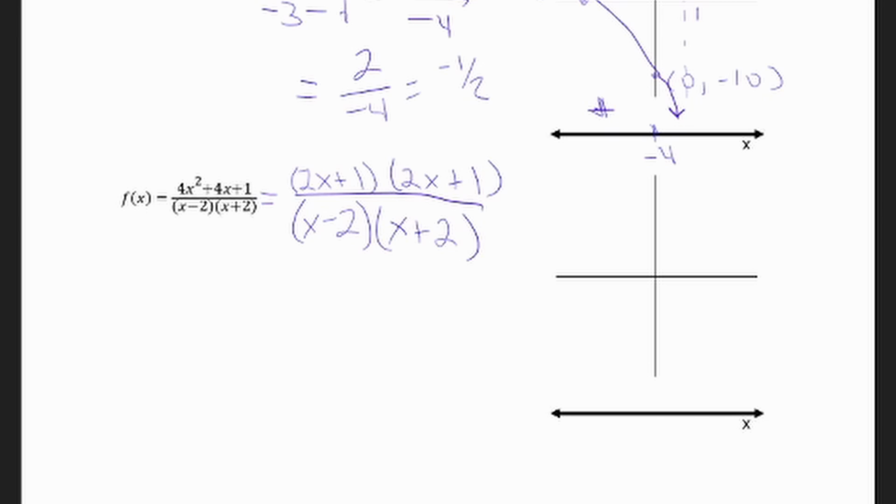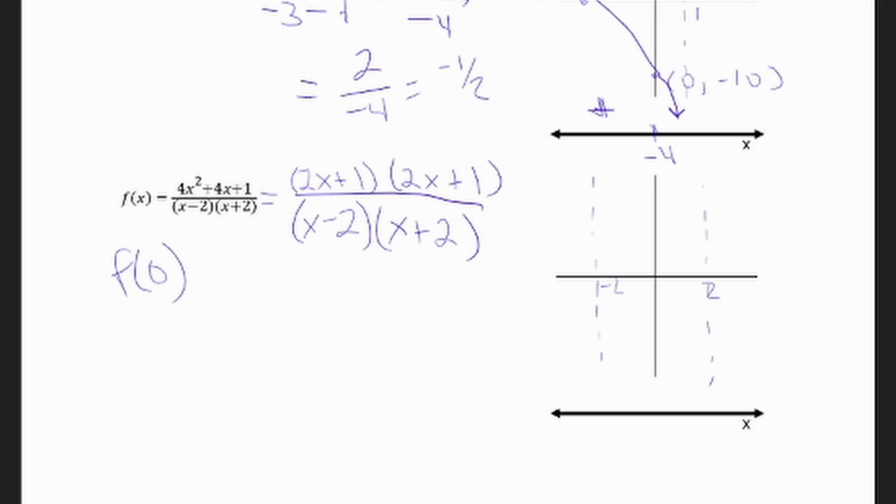So just follow the same steps that I did up here. Find f of 0 so that you can find your y-intercept. You see here that if you get a negative 2 or a positive 2, then you're going to get asymptotes. So at negative 2 and positive 2, you're going to have asymptotes.